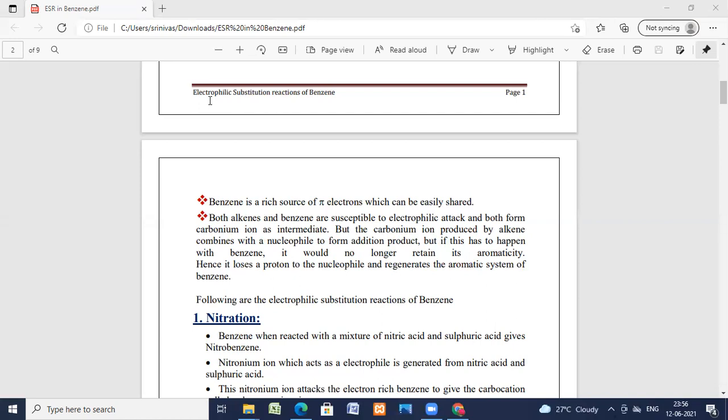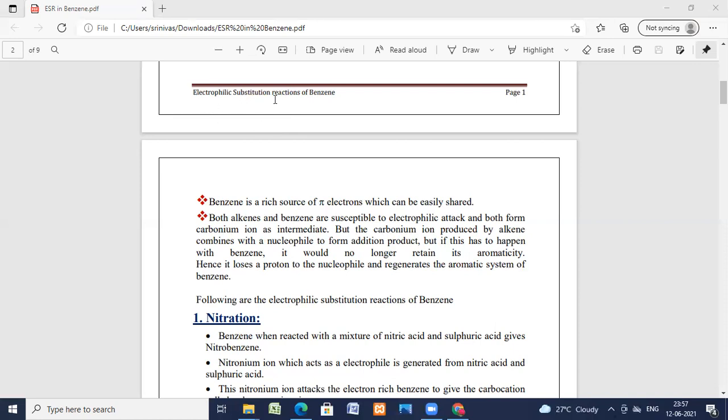Now comes our actual topic, that is electrophilic substitutions. The third type of substitution reactions is electrophilic substitution reactions. Electrophilic substitutions are the substitutions which involve the attack of an electrophile. Generally, you call it SE: S stands for substitution, E stands for electrophile. These are common in aromatic compounds.